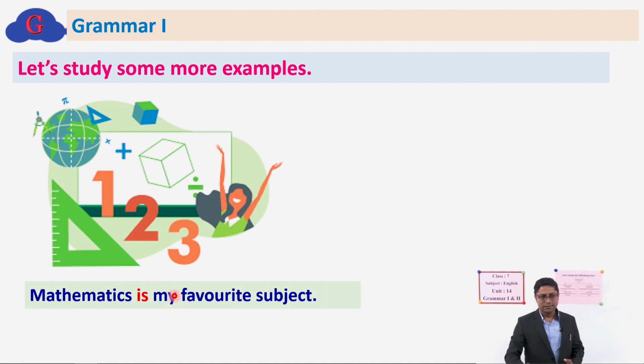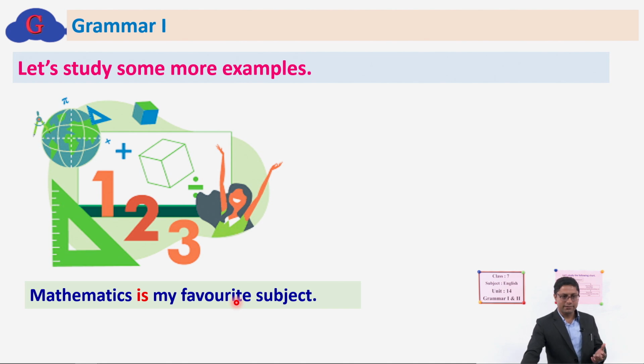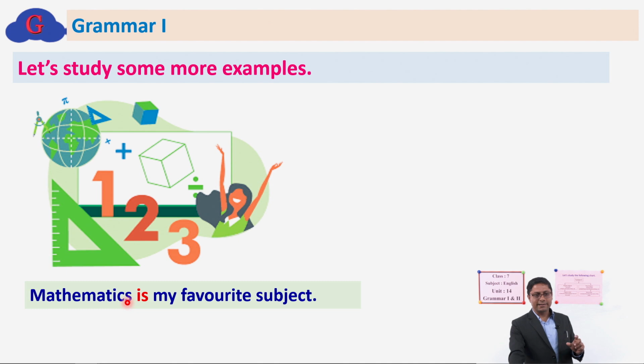Okay, see, mathematics is my favorite subject. Is it your favorite subject? Okay, very good. So, mathematics, see there, it looks like a plural noun. There is s at the end, but it is not plural. It is a singular subject, and so we have used the singular form of the verb.